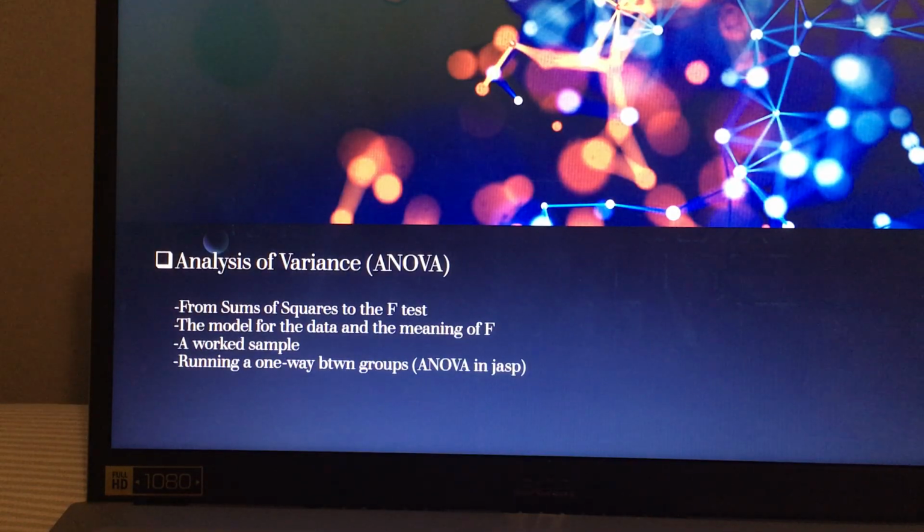What we do next is we're going to convert our summed squares value into a mean squares value, and we're going to do it by dividing by the degrees of freedom. So for the mean squares of between groups, it will equal the sum of squares between groups divided by the degrees of freedom between groups.